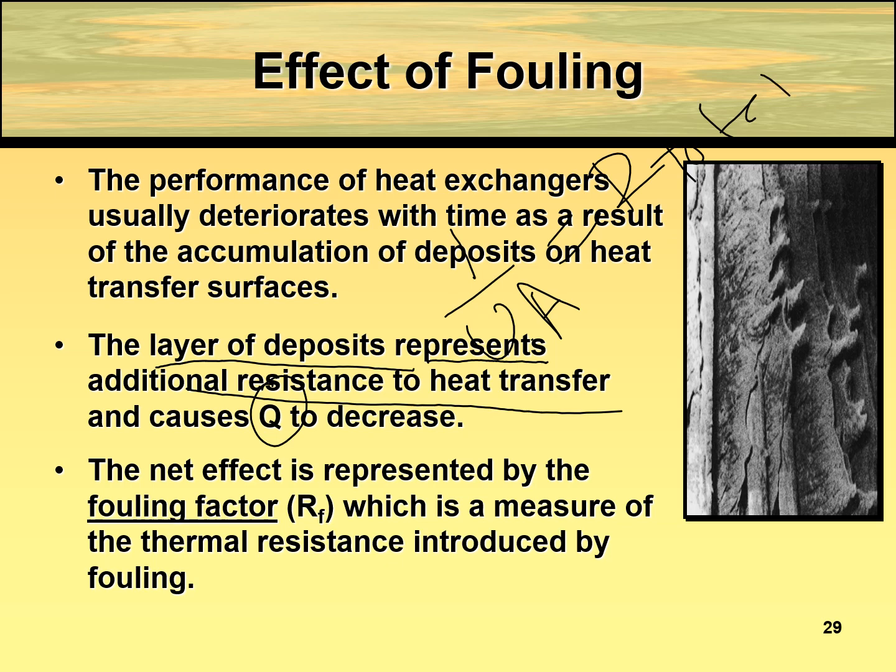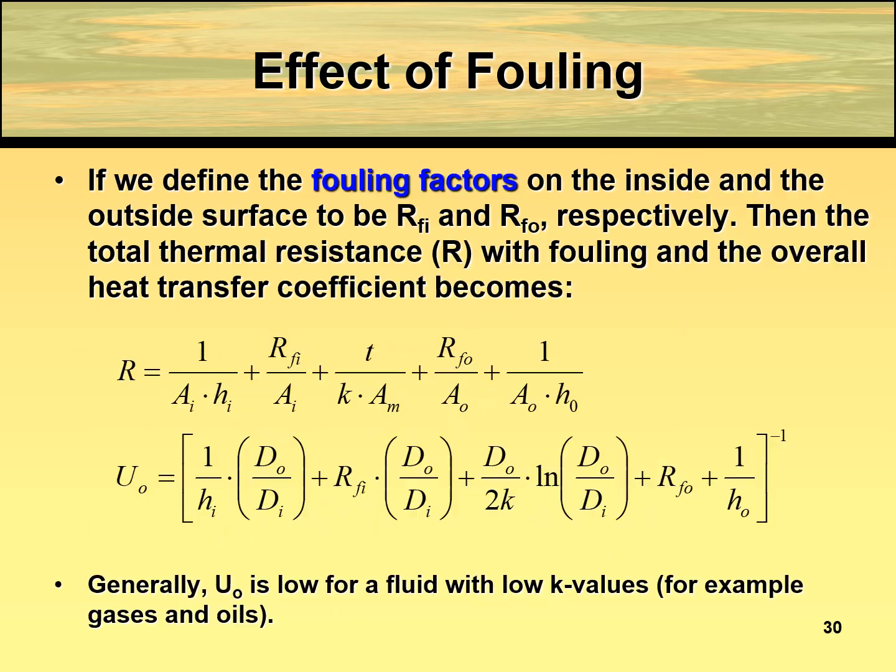So if R total is increased, U will be decreased. The net effect is presented in the fouling factor, which measures the thermal resistance introduced by the fouling effect. In this section, you are going to analyze the fouling factor introduced by the deposit, or its effect on the total thermal resistance.